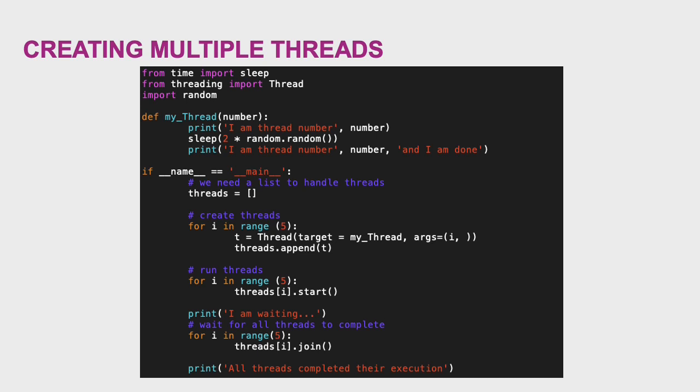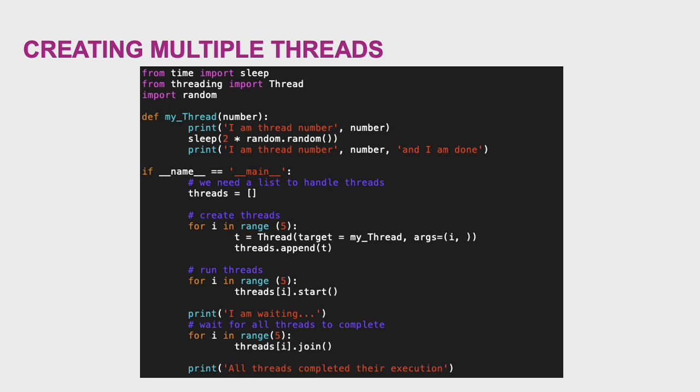Let's now consider another example. The goal of this example is to show you how you can create a number of threads and how you can run them and manage them. The logic of the thread is defined by the myThread function. The myThread function has an input parameter, the number, and the logic is quite simple.